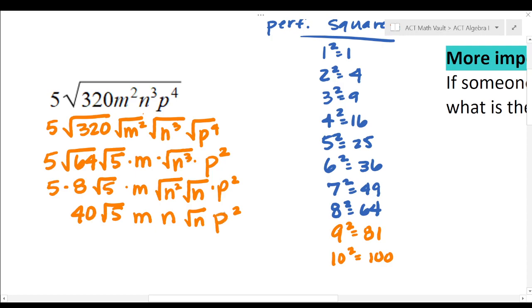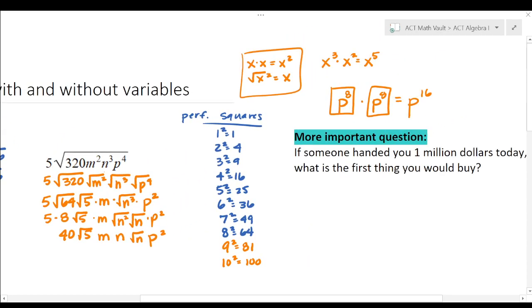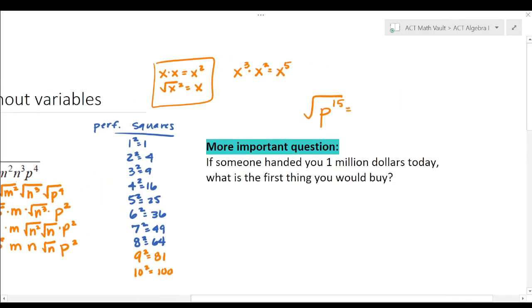Just a little thought exercise here. Kind of going backwards from here, if we had p to the 15th and I square rooted it, wouldn't I need to take out the biggest even, so 14, and then just have a 1 as a remainder? So this would be p to the 7th root p.